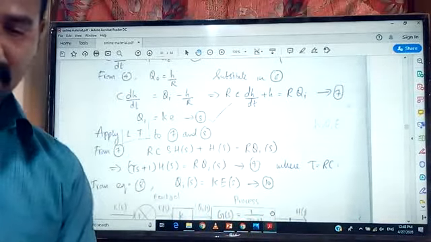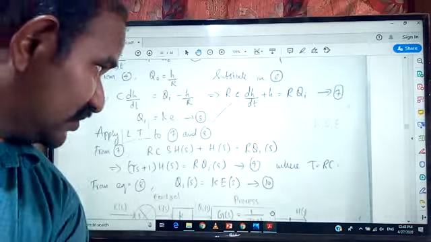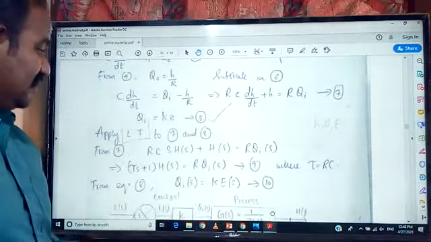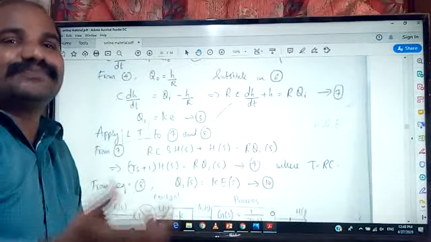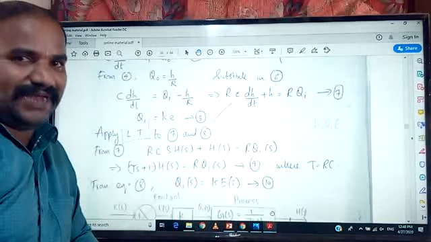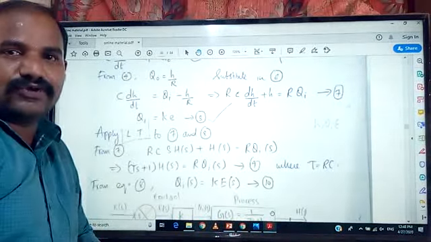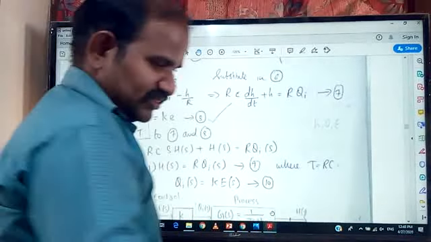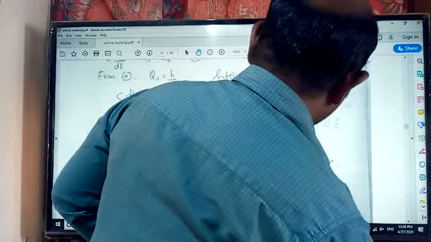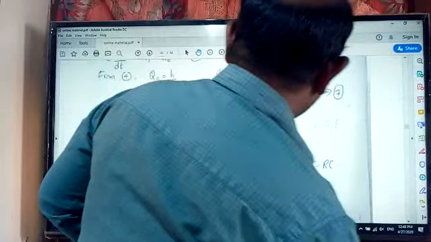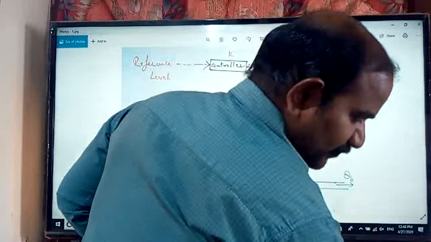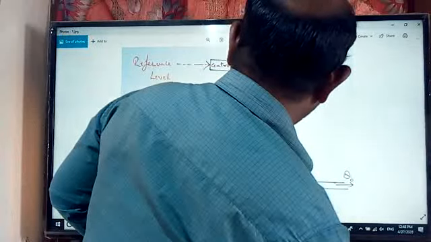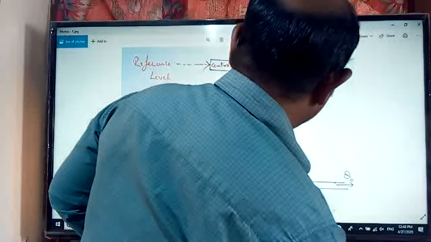Now, from equation numbers 9 and 10, we can draw the control system diagram, which is a closed loop system diagram for the liquid level control setup which we have seen initially. To this diagram, we are going to draw the equivalent control system block diagram.